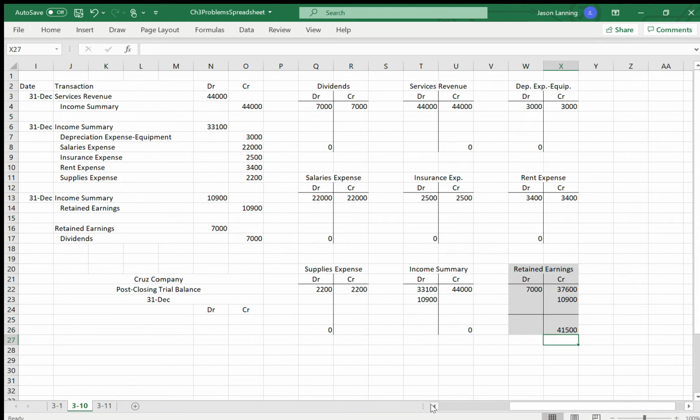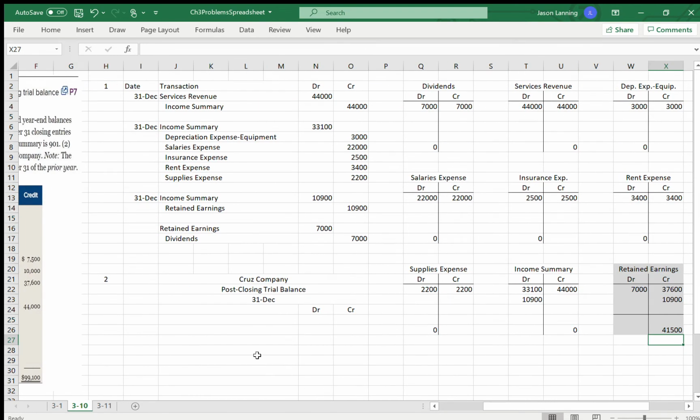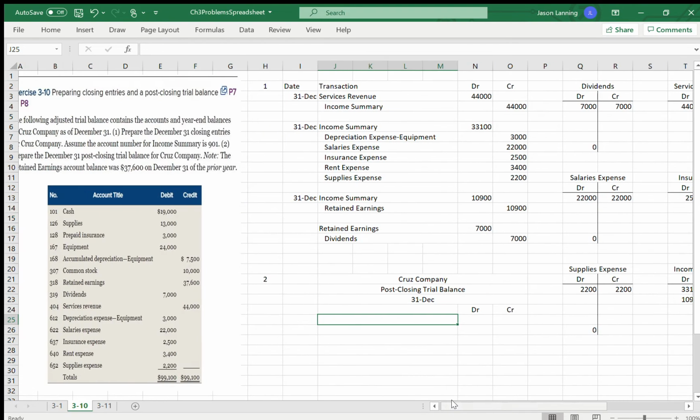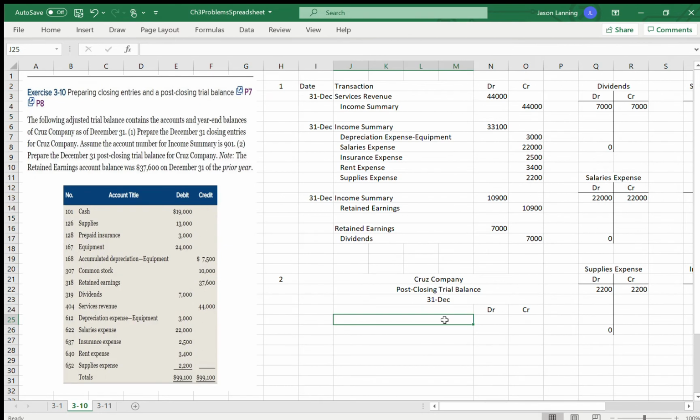So now, if we go back to our post-closing trial balance, retained earnings is the only account in our T accounts over here we have to worry about the balance of. Everything else we can take from this. So we have cash. We know that's 19,000. We have supplies.